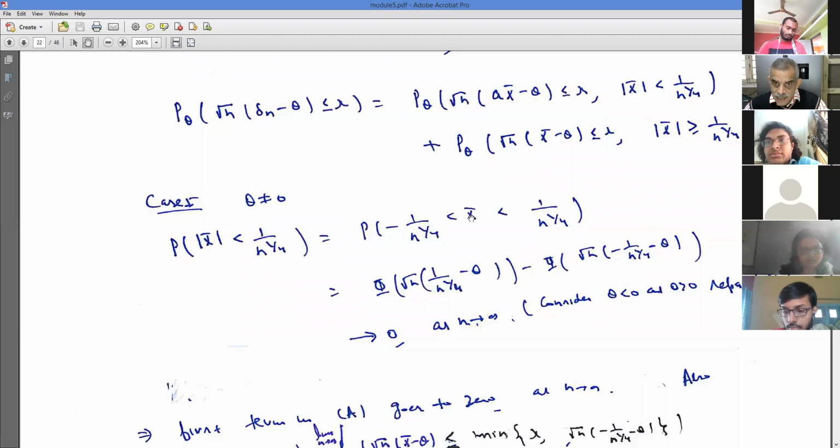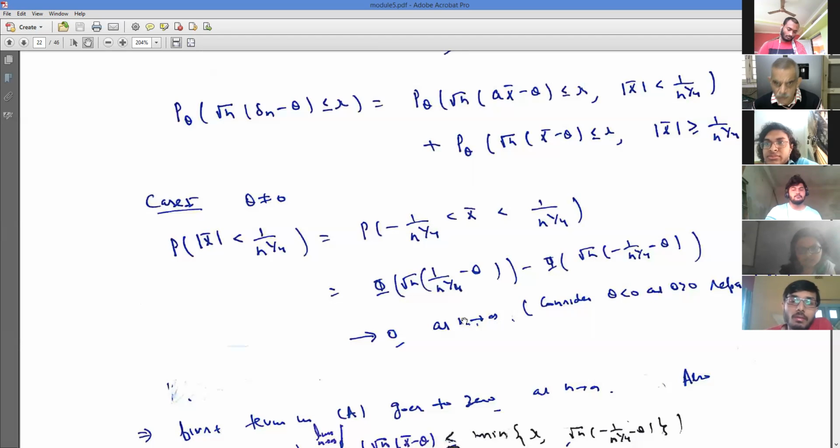So I convert this into a standard normal the way you do it in your BSc. It is phi of root n times 1 upon n to the power 1 by 4 minus theta, minus phi of root n times minus 1 by n to the power 1 by 4 minus theta. Because x bar is normal theta, 1 by n, I have converted this probability into a normal 0, 1 by subtracting theta and dividing.